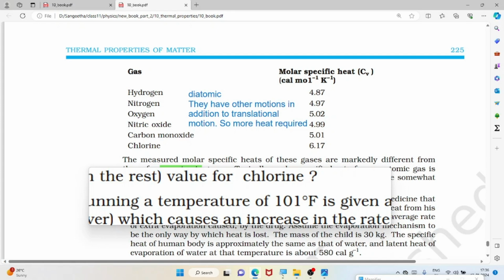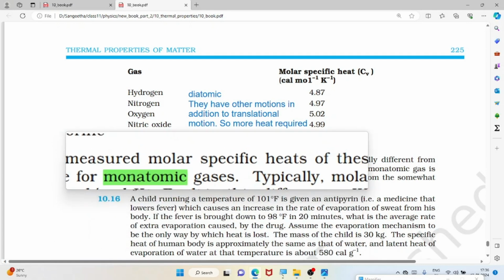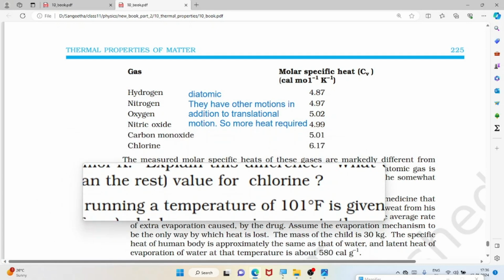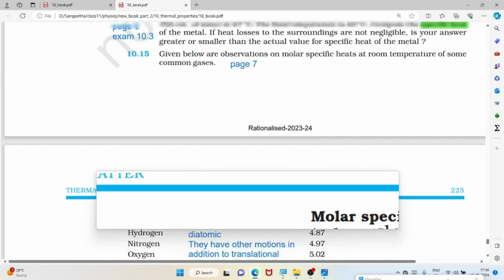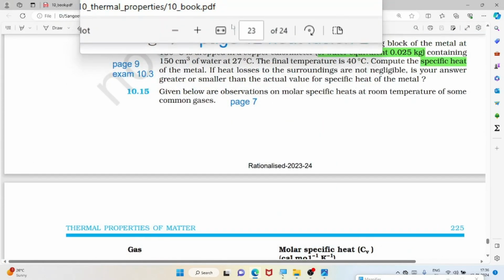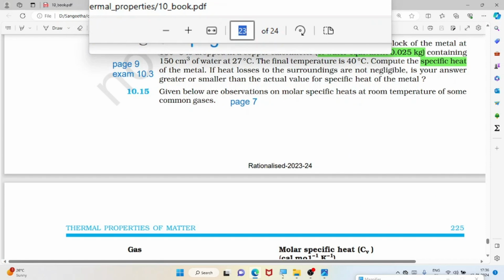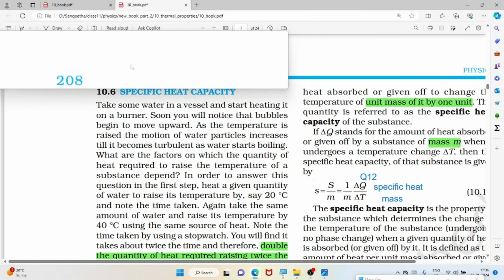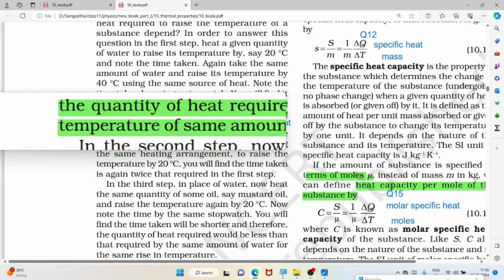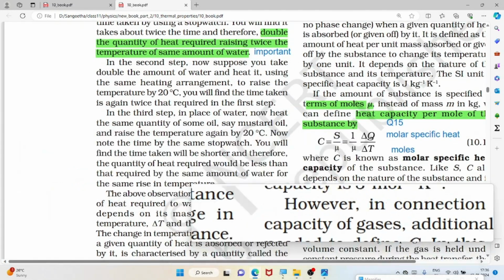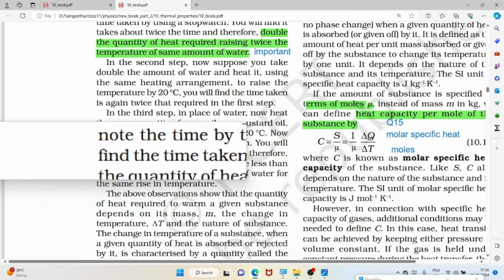So more heat is required. Okay, the molar specific heat capacity of these diatomic gases is more. What is this molar specific heat capacity?